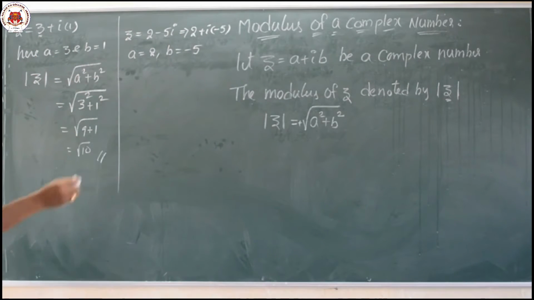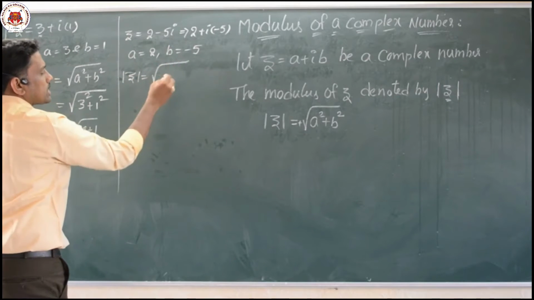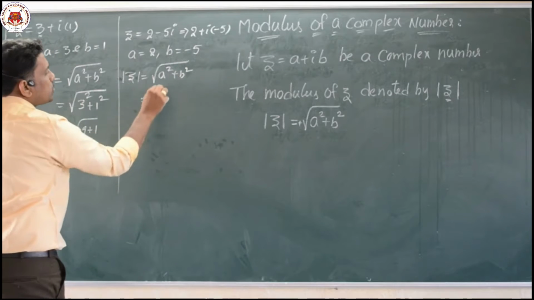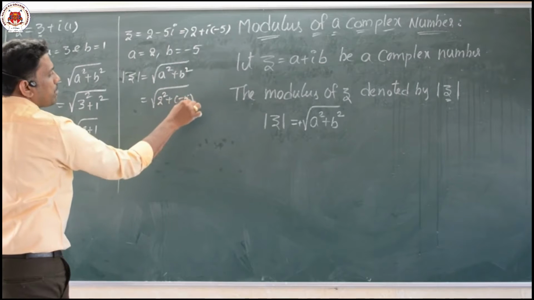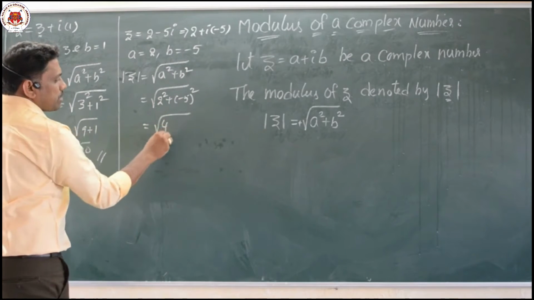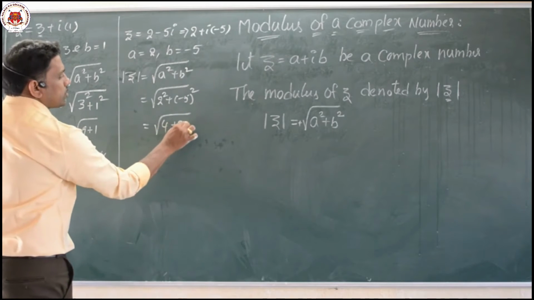So we have to find its modulus. Modulus of Z equal to, what is the formula? Square root of A square plus B square. If you substitute here, A square means 2 square, B square means minus 5 square. So square root of 2 square means 4, and minus squared is plus, 5 square is 25.